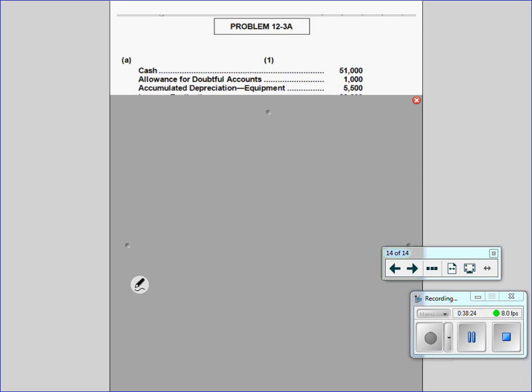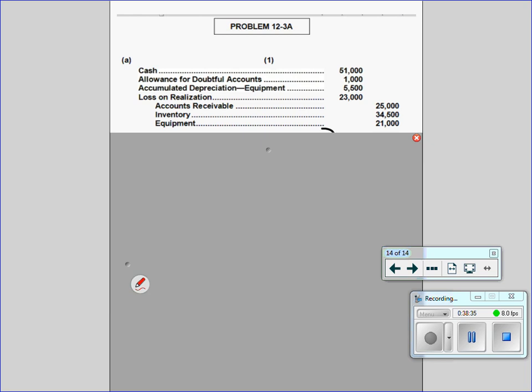So there were two contra assets that normally had credit balances. We wiped them out by debiting them. We'll get back to the loss in a minute. And then we had three assets that, of course, had debit balances that we credited because they are gone.